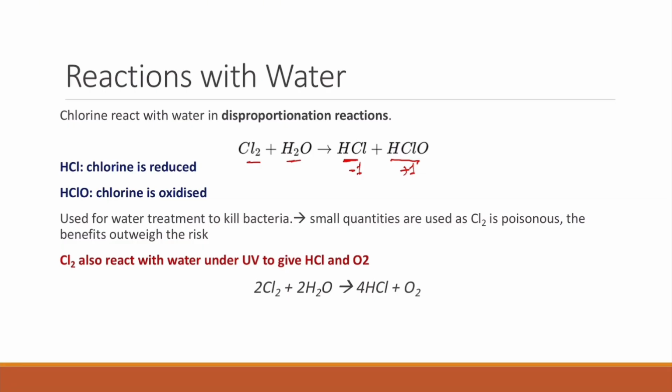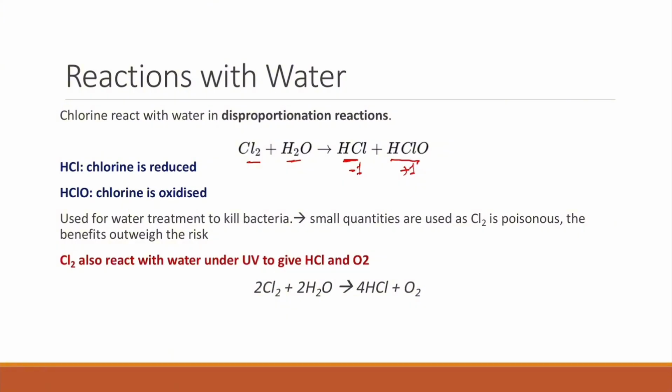But we need to balance between the risk of not using chlorine to sterilize water and kill bacteria, and the risk of someone getting poisoned by an excess of chlorine. And because the benefit outweighs the risk, chlorine is used in water, and they only add small quantities anyway.